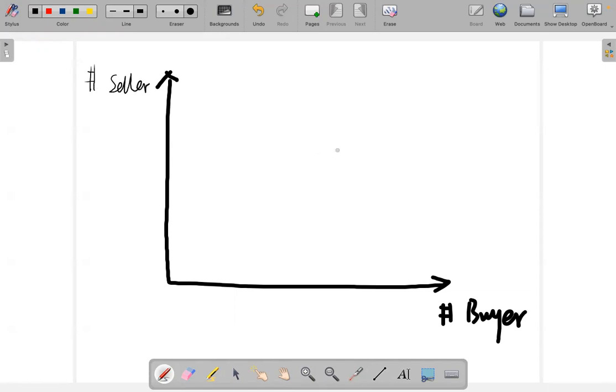So here, this is a competitive market, meaning you have many buyers and many sellers, and they are trading identical goods.